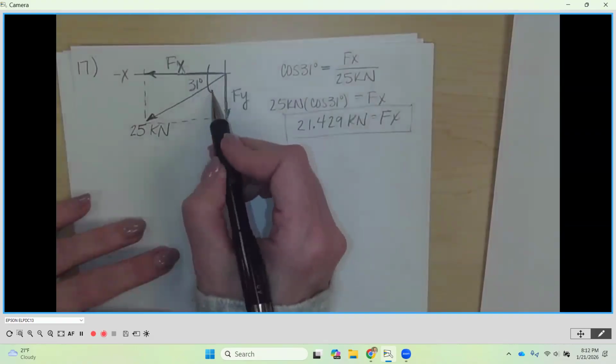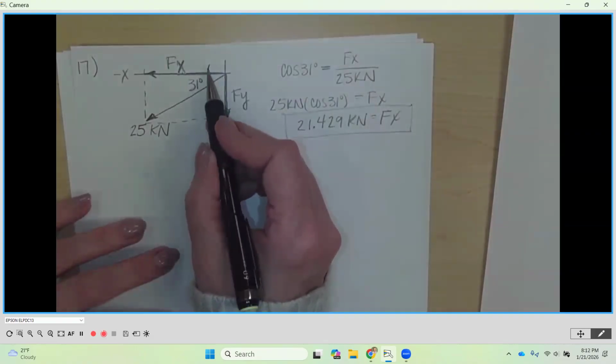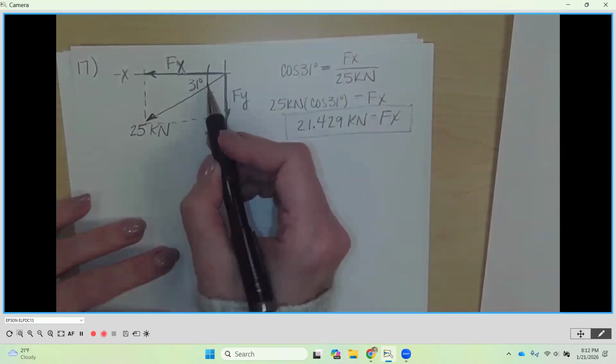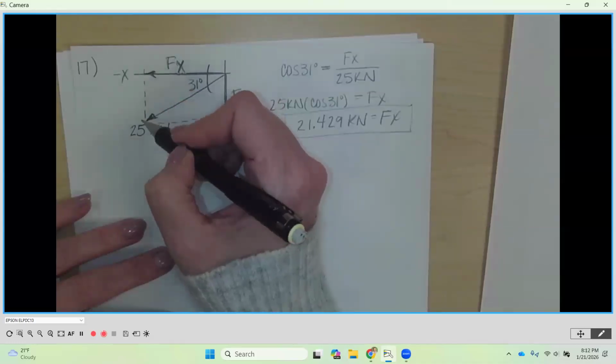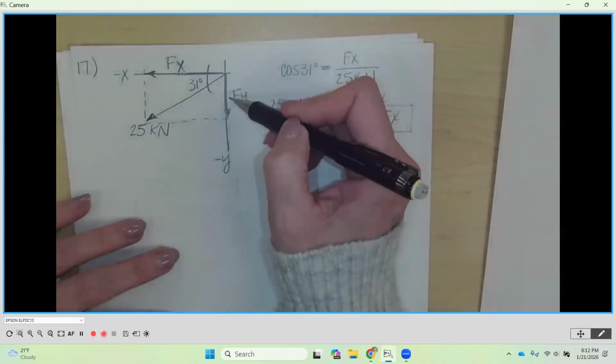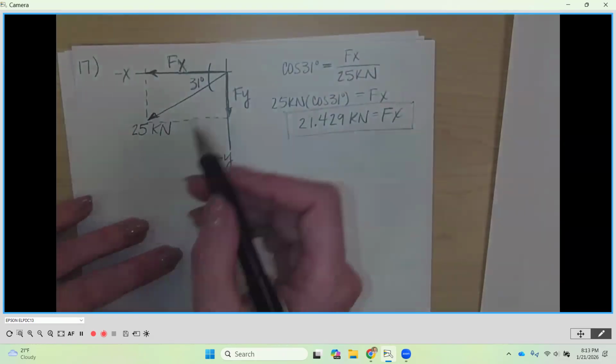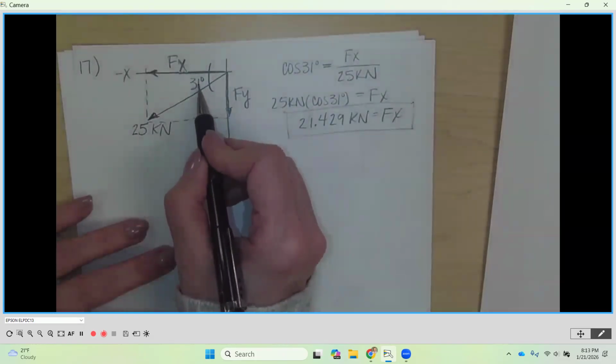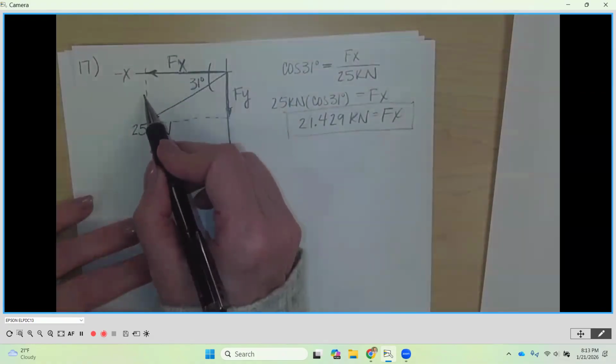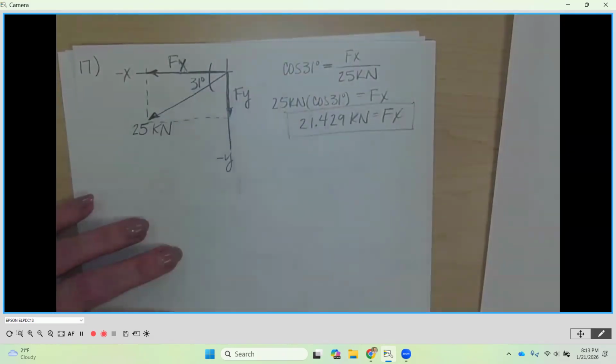Then to get the Fy, remember my 31 degrees is here. The equivalent side is out here, but the location of Fy is on the y-axis. So it has to be showed there. So if we look 31 degrees, Fy would be equivalent to the side opposite, and I have the hypotenuse. So which function this time?